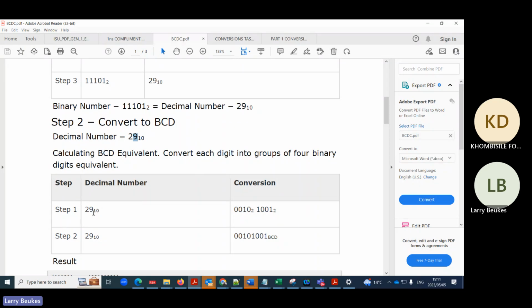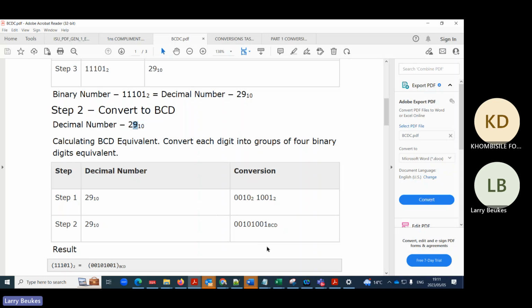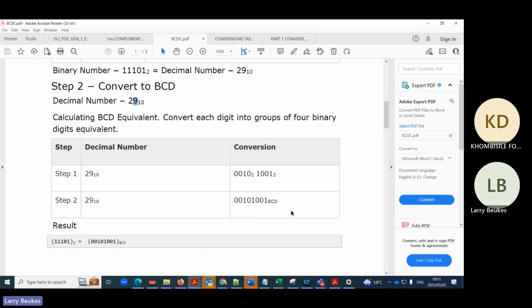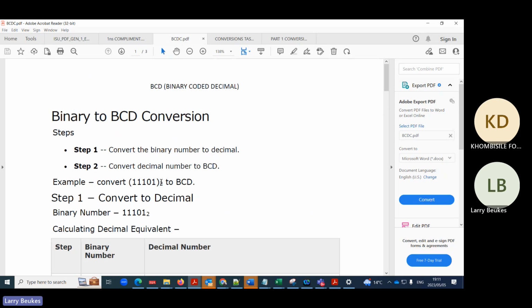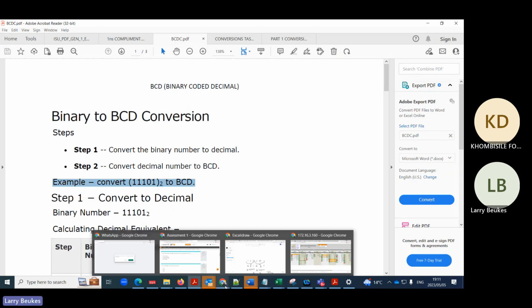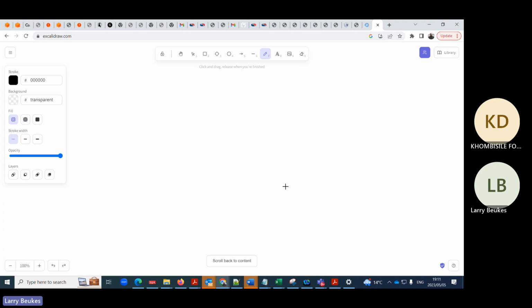Then we convert it to binary. Then that will be our BCD, binary coded decimal. So it's a binary system which is coded by a decimal. Okay, I'm gonna do an example. Let's convert this. I saw this in the assignment or something similar to this. So let's see.